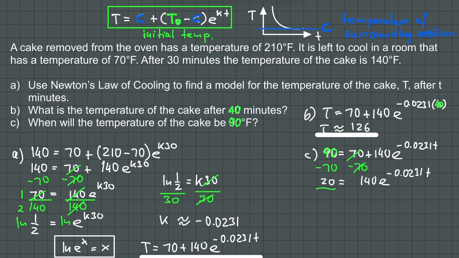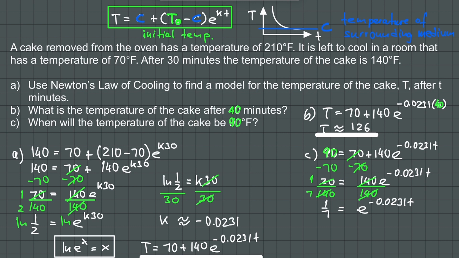Now we are going to divide both sides by 140. Which gives us 1 over 7 equals e raised to the power of the negative of 0.0231 times t. We get 1 over 7 here because 20 divided by 20 is 1 and 140 divided by 20 is 7.